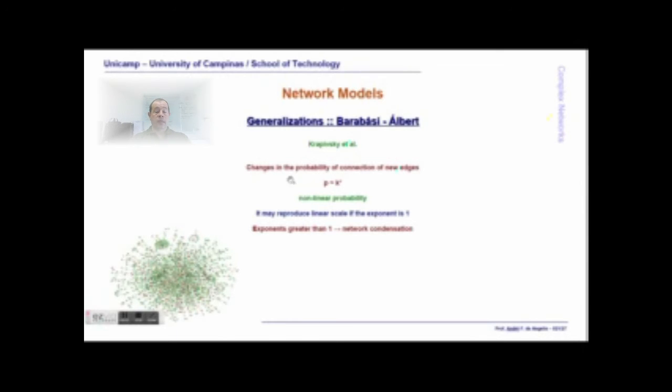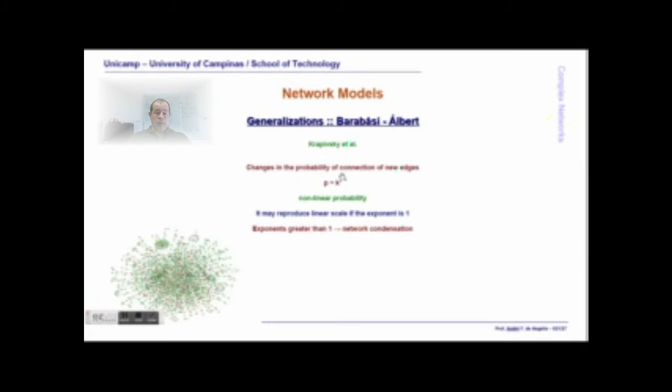Okay, in the same direction, changing the original model of Barabási-Albert, Krapivsky and others proposed changes in the probability of connection of new edges, bringing the distribution to a non-linear probability.